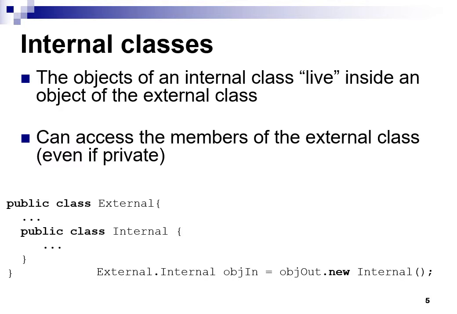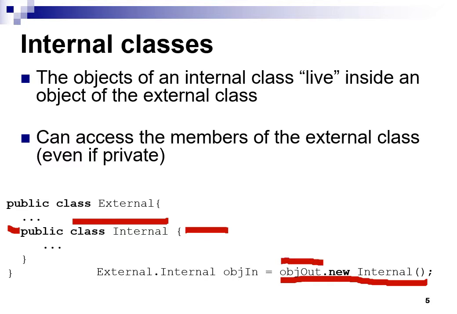So this is the way you declare a non-static internal class: you declare the access control and then a normal class definition. If you want to use the internal class from outside, you can because it's public. Whenever you create a new object of this internal class, you need to pass as a context an object of the external class.